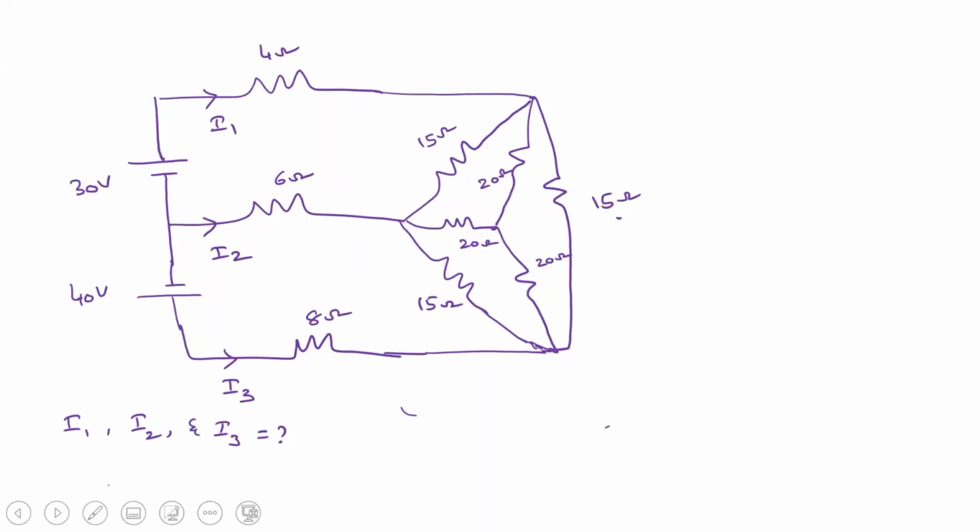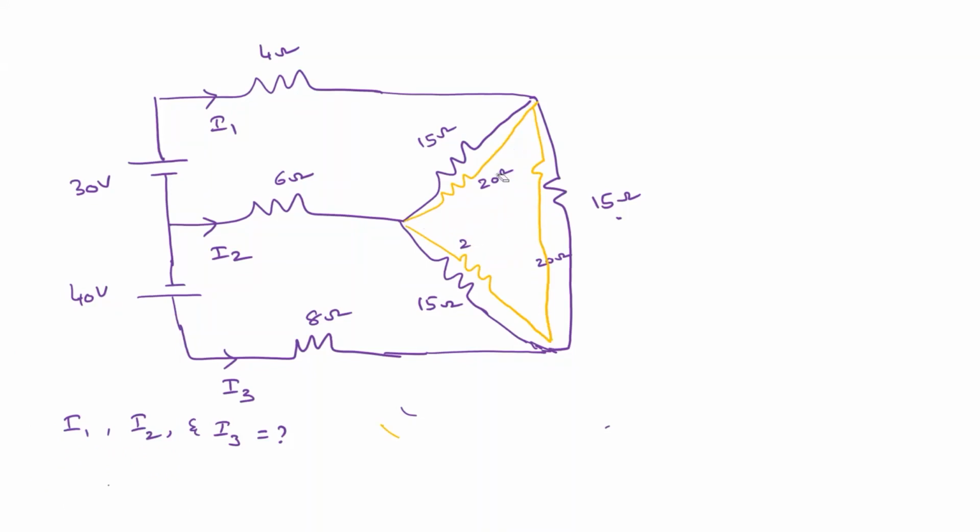So what is the value of each resistor? 3 times 20, 60. So now you can erase this, right? So each one is 60 ohm.